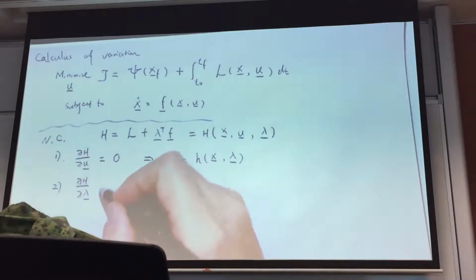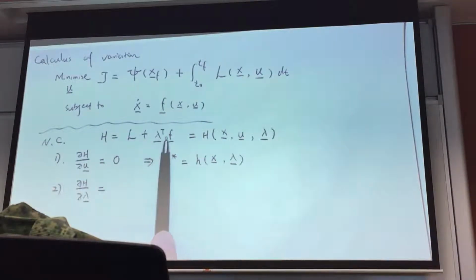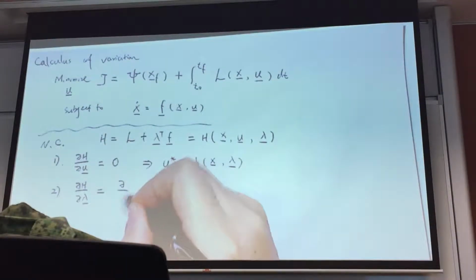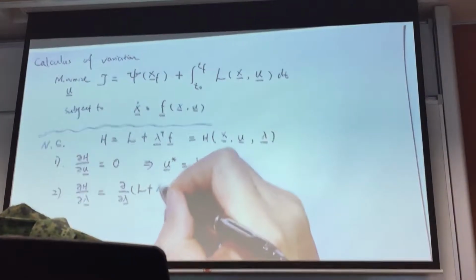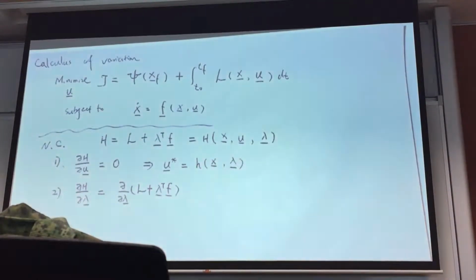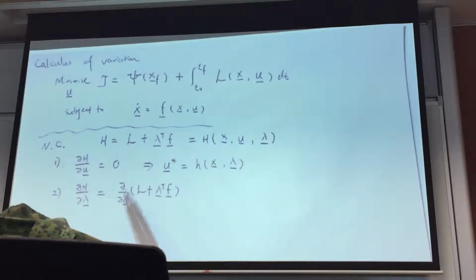This dH/d lambda is very easy to evaluate because we have H equal to L plus lambda transpose f. So we calculate the derivative in terms of lambda. The L only depends on x and u, so we know the derivative of L with respect to lambda will be 0.